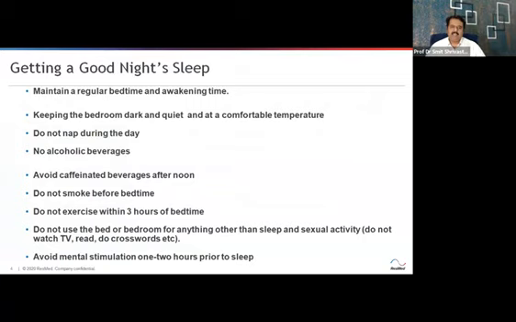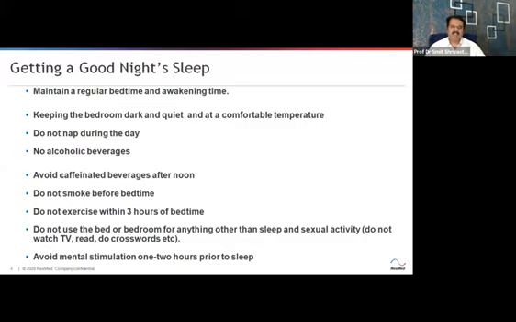So maintaining a regular bedtime and awakening is important, because if we disturb the circadian rhythm every day, it is not going to give us a good night's sleep. So we have to have a certain rhythm which we follow daily.